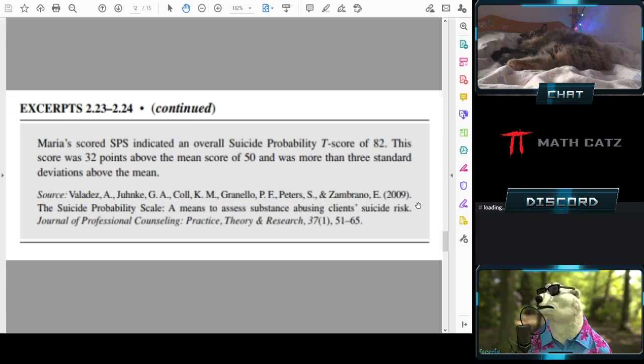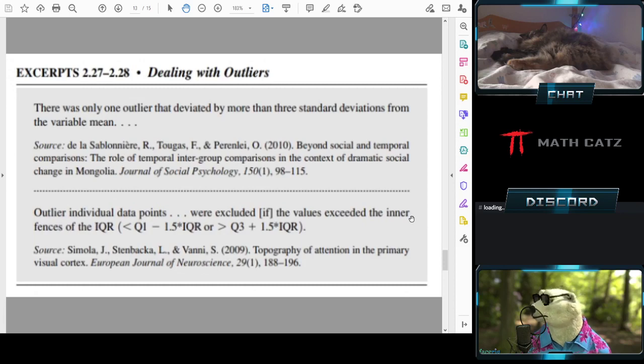Don't worry. Dealing with outliers, very important. You always have to think, did the researcher consider outliers when they don't say anything? Maybe they forgot, maybe they didn't care, or maybe they're trying to hide something. You have to read with a little bit of suspicion.